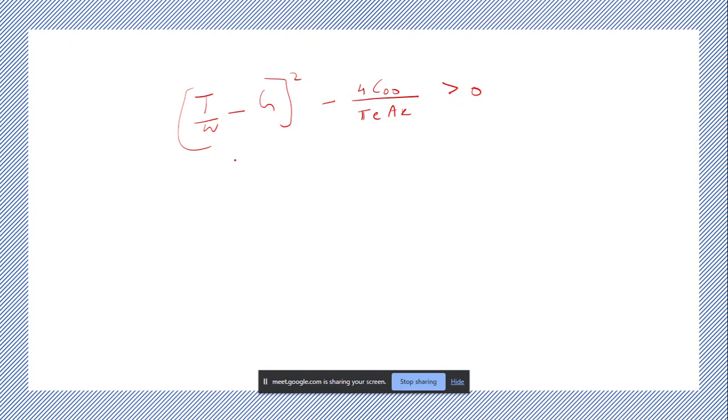Now we simplify this. So I just take T by W minus G should be greater than square root of 2 CD naught by pi E AR. And what was our equation in terms of thrust to weight? Can all of you mute yourselves?